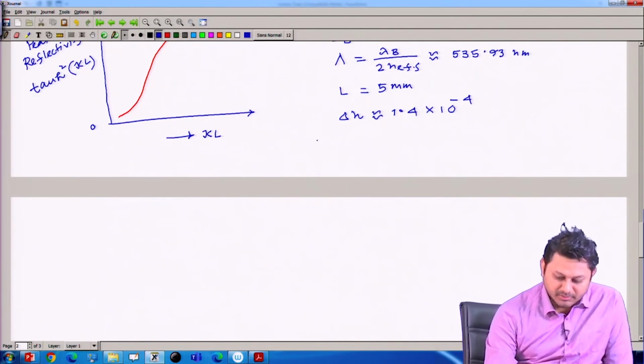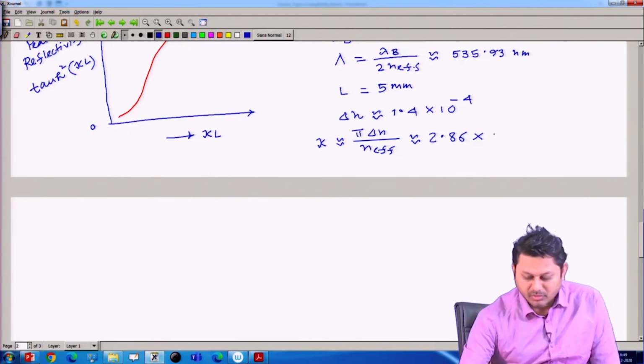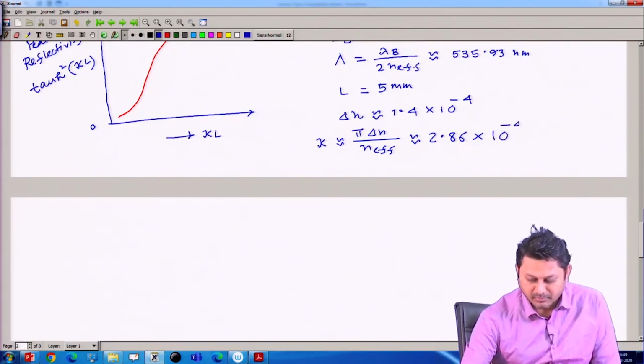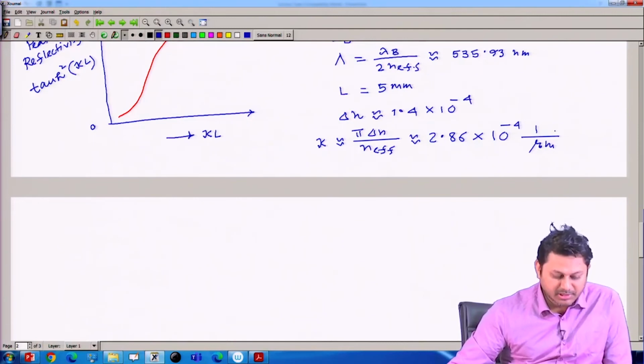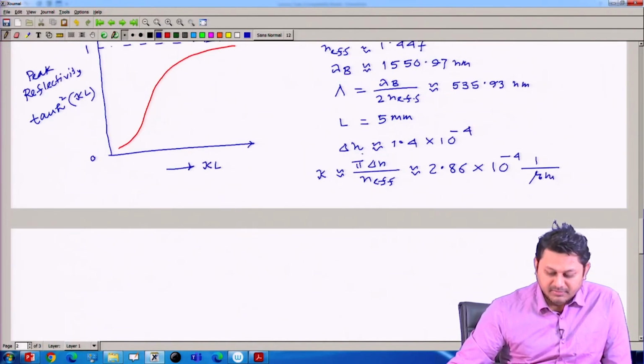Kappa I can calculate with all these values: kappa is nearly equal to pi delta n divided by lambda n effective, and this value will be 2.86 into 10 to the power of minus 4 per micrometer. So, these are the typical values, and if you use them I can get these values.